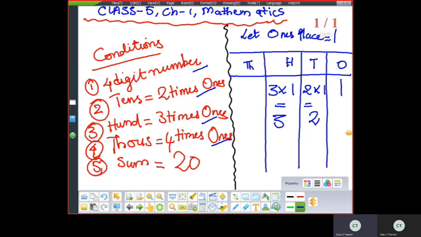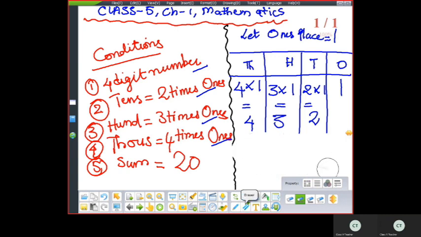Then thousands place number is 4 times 1, which is 4. So the number we get is 4, 3, 2, 1. Still one more condition is remaining.